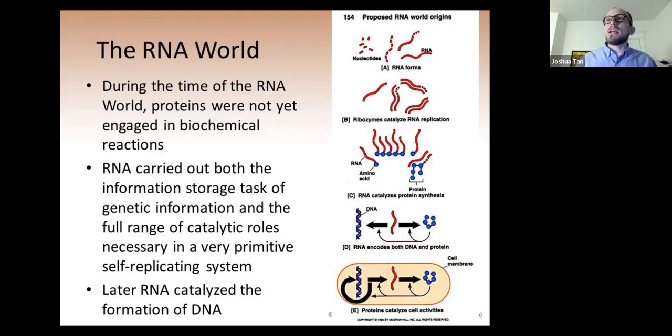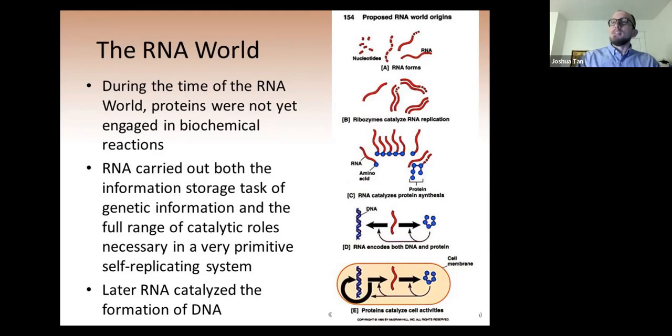So RNA has this amazing character where it can do a lot of the different things that living things require, and in our bodies are done by chemicals other than RNA. But RNA can also do it all by itself. This is why the RNA world hypothesis has gotten a lot of interest, because the processes that are necessary for living things seem to be done by RNA by itself.